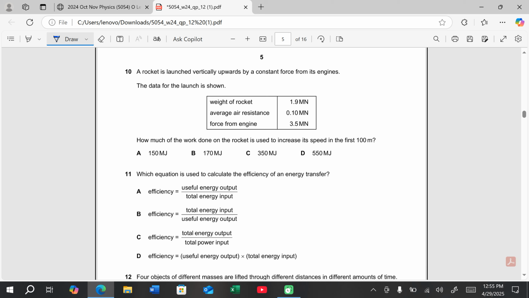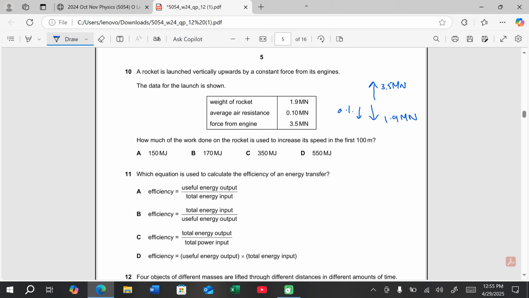So let's see what we can have. First of all, we need to see that the weight is the opposite force, so that is 1.9 mega newtons, since the object is moving upward. The average air resistance is also downwards, which is 0.1, and force from the engine is 3.5 mega newton.